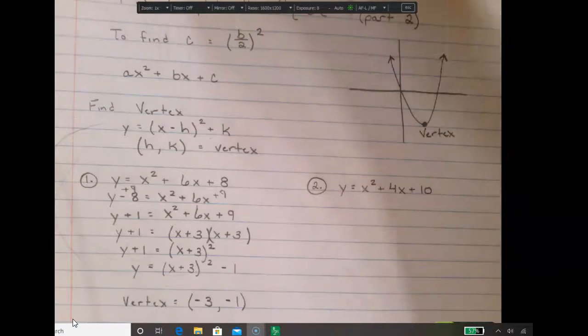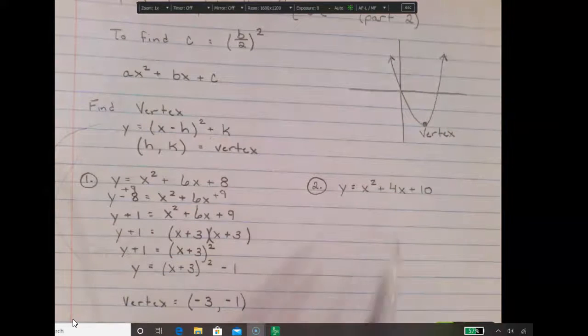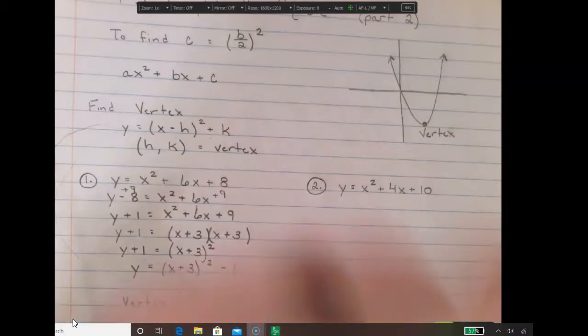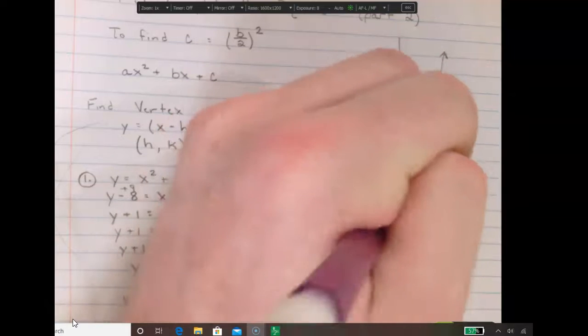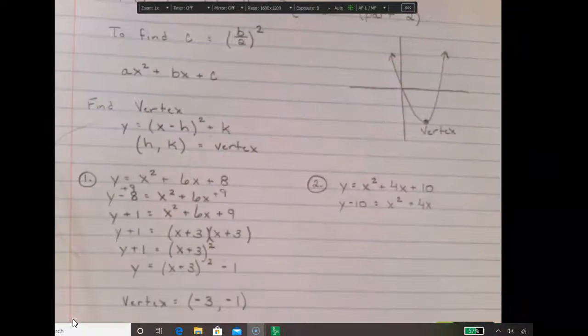And on this one, again, I want to get it where it's just the x squared and the x on one side, because I need to get a new c in order to complete the square. So I'm going to move 10 to the other side, so it's going to be y minus 10 equals x squared plus 4x. And now I can go through and I can find c.